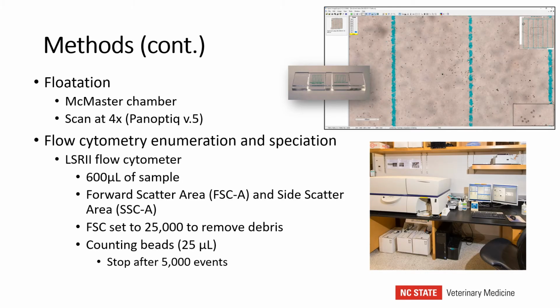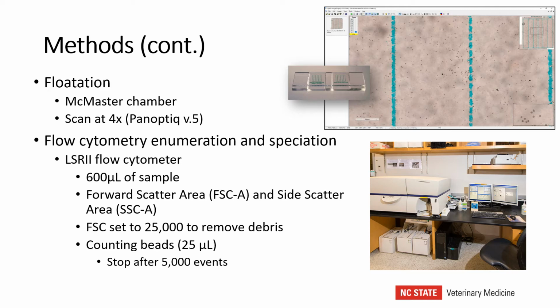To optimize differentiation of oocyst populations on the LSR2 flow cytometer, we used 600 microliters from each prepared sample. Each Eimeria species was measured using the height and the width of the forward scatter area and the side scatter area, respectively.